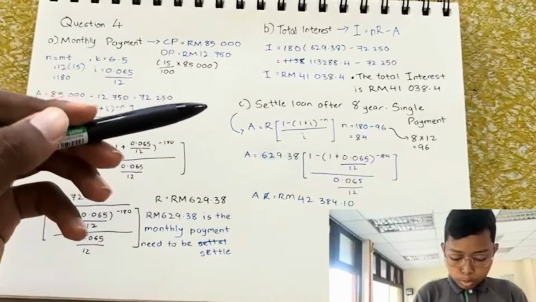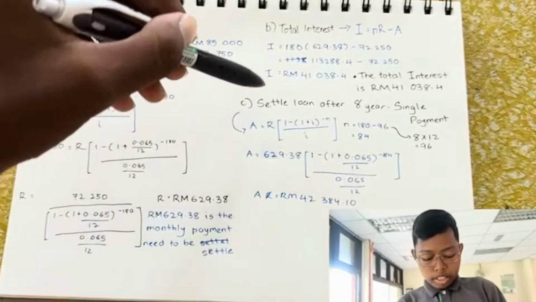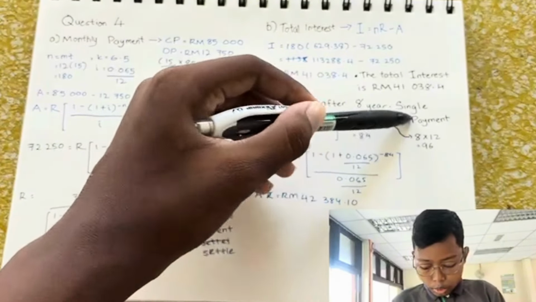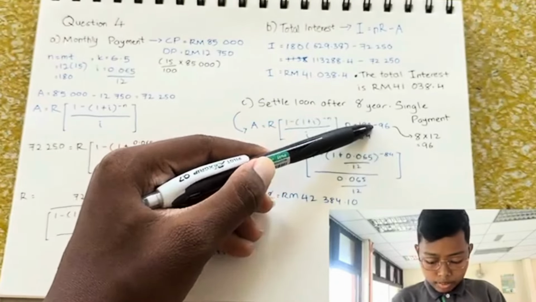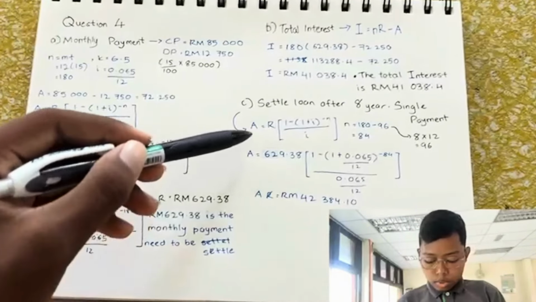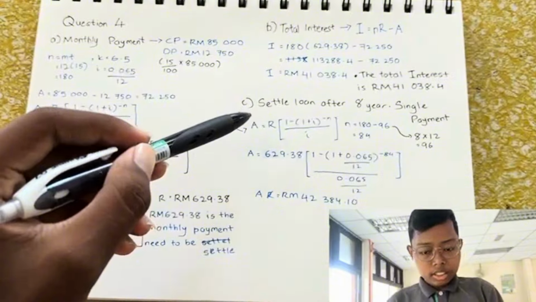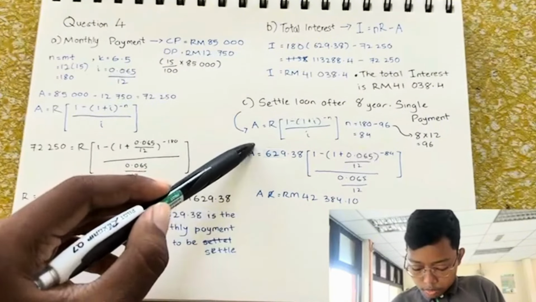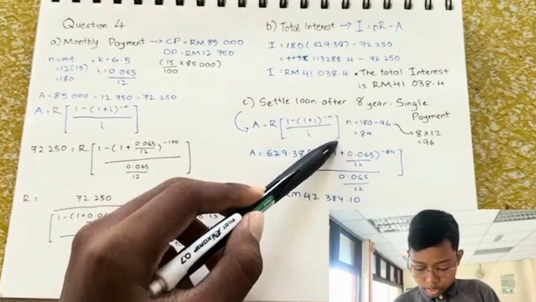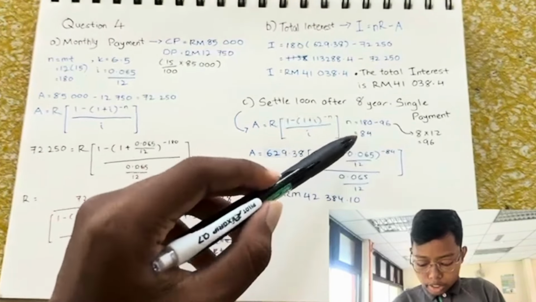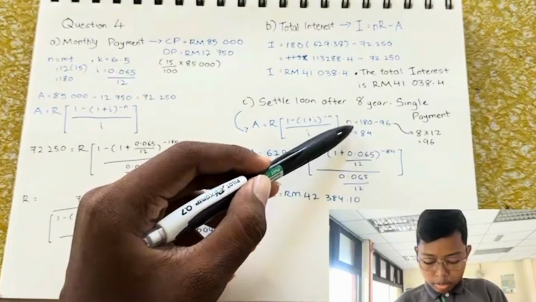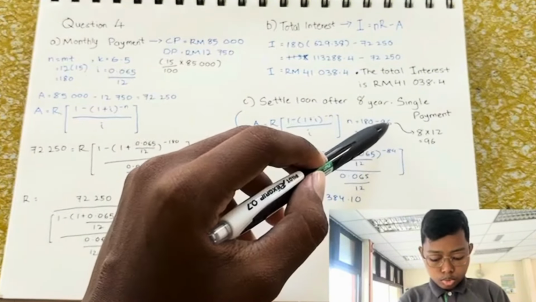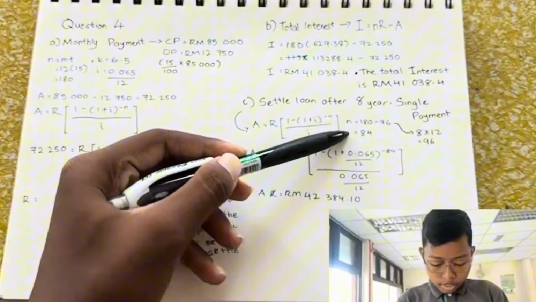And the last question, C, we need to find a single payment after 8 years. So we use the same formula as question A, but we need to use a new n. 180 minus 96, and we get 84.